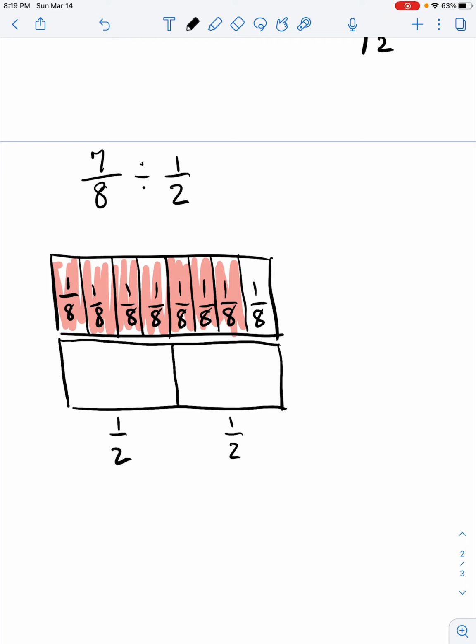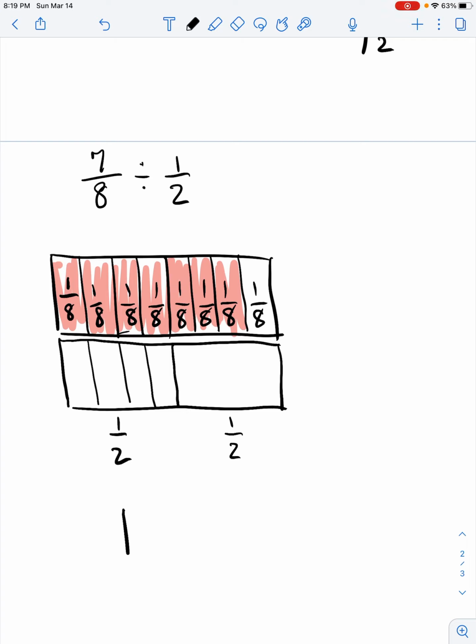Now, look what happens. I know that there's one full group, right? There's one full group of 1/2 because half is 4/8.